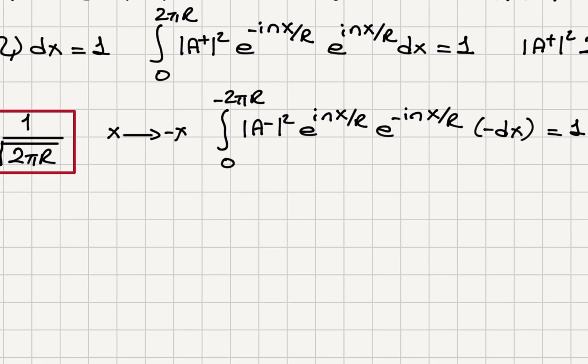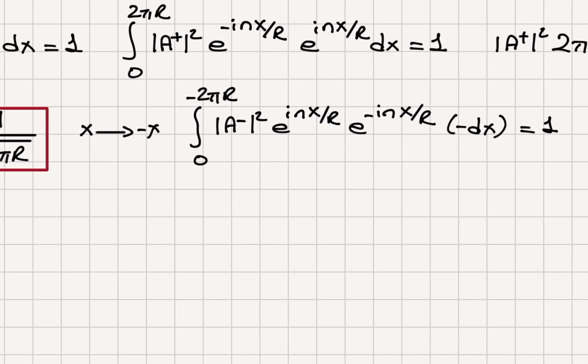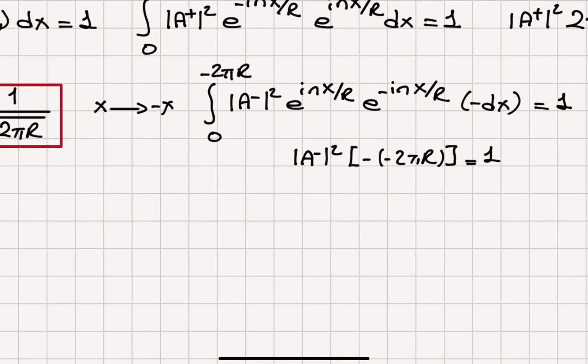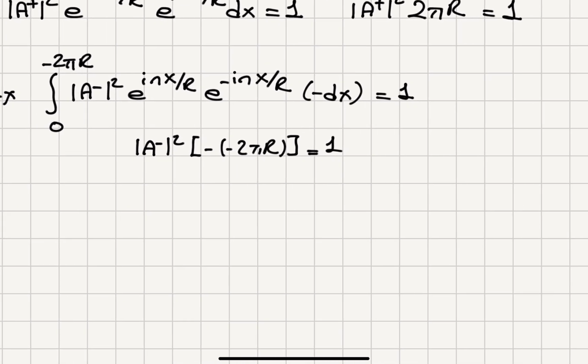So I will obtain, because the angle is going negative here, a minus absolute square multiplied with minus 2 pi r gives me 1, so that my a minus is the same thing, 1 over square root 2 pi capital R.